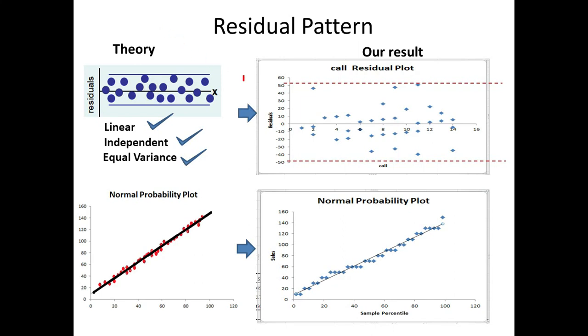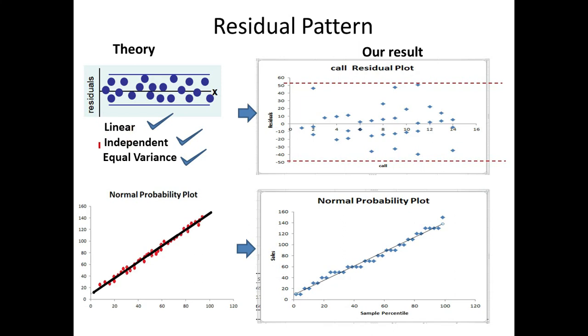As I mentioned before, if the pattern shows that some data are above the zero line and some data are below the zero line, and they are evenly distributed on the upper side and on the lower side, then we can say that the pattern is okay, and the data is linear.